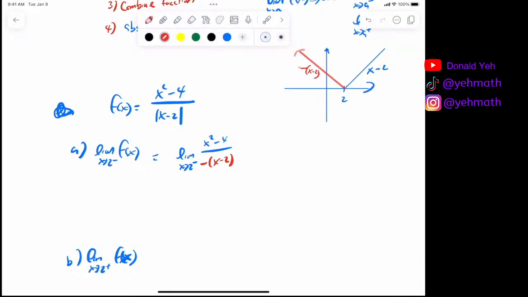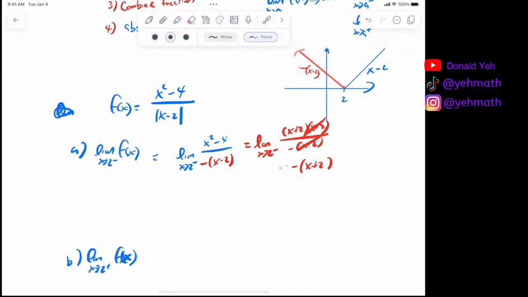So that's equal to the limit as x approaches 2 from the left of x plus 2 over negative x minus 2, and x minus 2 here. This will cancel out, leaving negative x plus 2. And I can approach the limit now. Therefore it's negative 2 plus 2, and that's equal to negative 4.